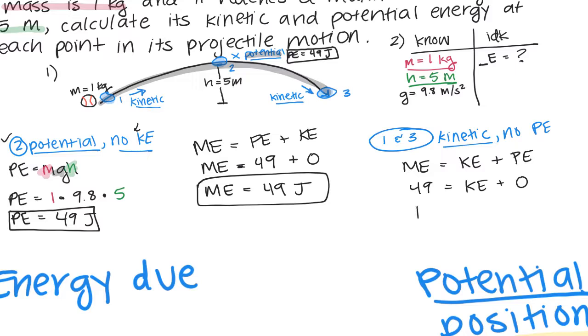That gives us a kinetic energy of 49 joules. So at both points 1 and 3, that kinetic energy is 49 joules. There is no potential energy.